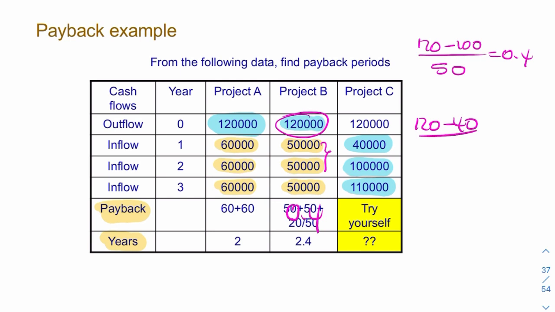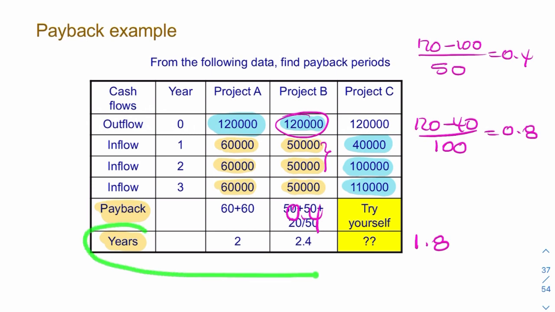Divide that by your 100, and that's 0.8. So in total, it would be 1.8 years. So it looks like project C would win because it's less than 2 and less than 2.4. So project C, in this case, would win. So all three projects are identical in the sense that they all cost exactly the same outflow in year 0 to start, but the payback period was smallest for project C.